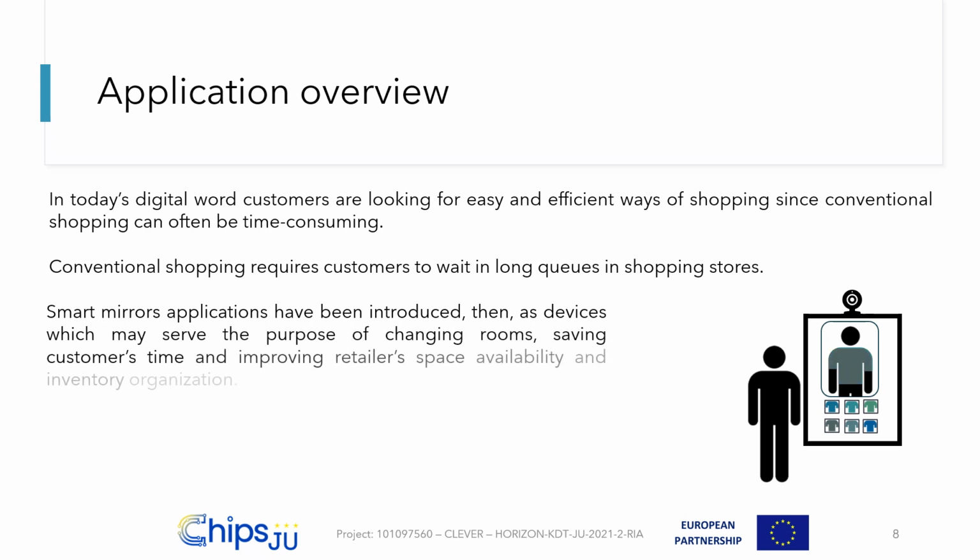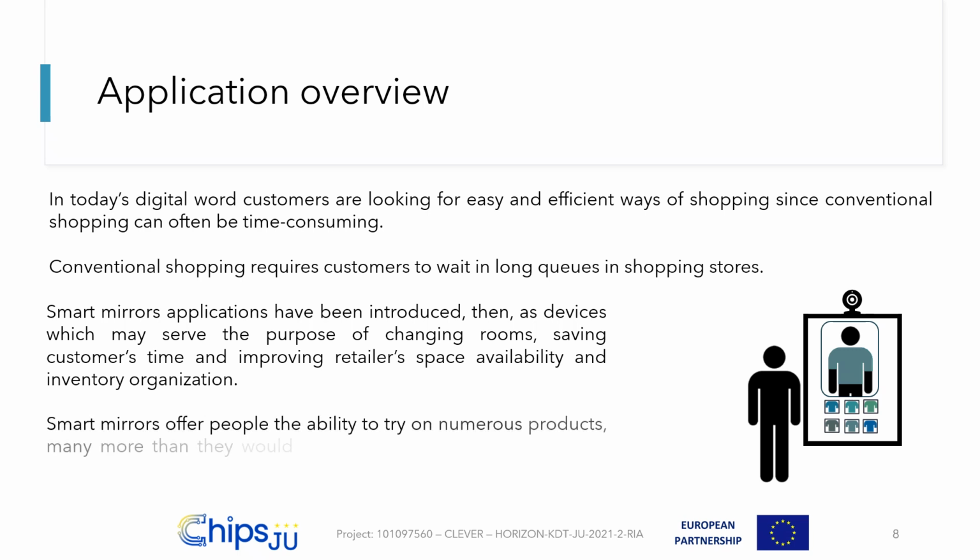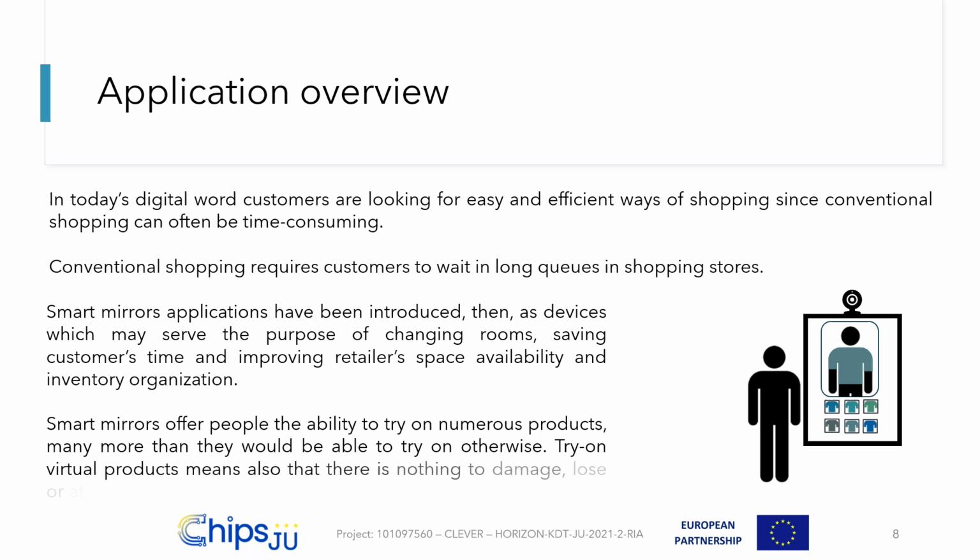Smart mirrors act as digital changing rooms, allowing customers to virtually try clothes without the need to use an actual changing room. Smart mirrors also have the potential to improve space and inventory management for retailers. Finally, smart mirrors offer the ability to try numerous garments in no time, while granting better safety for the garments themselves, which will not be exposed to any risk of damage, loss or theft.